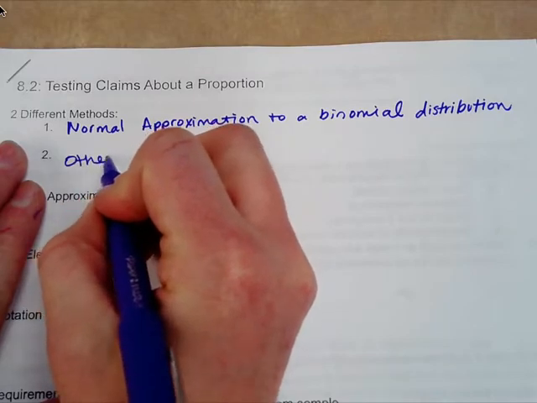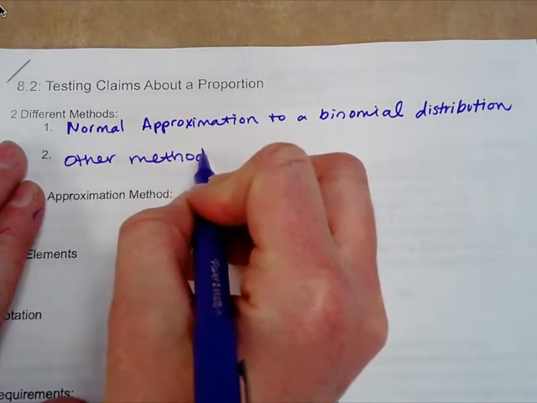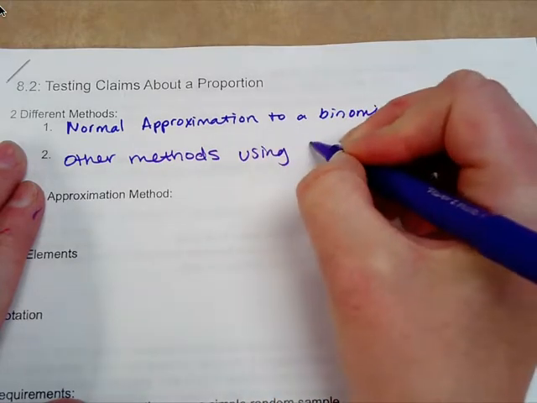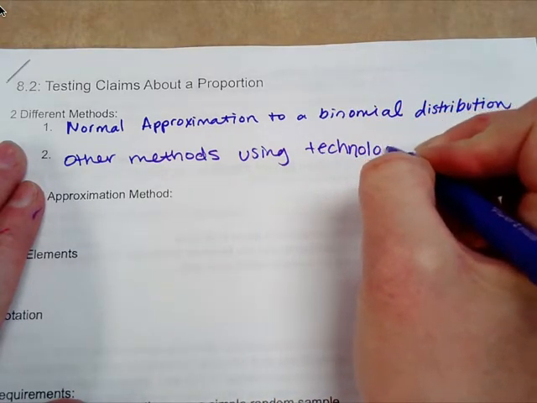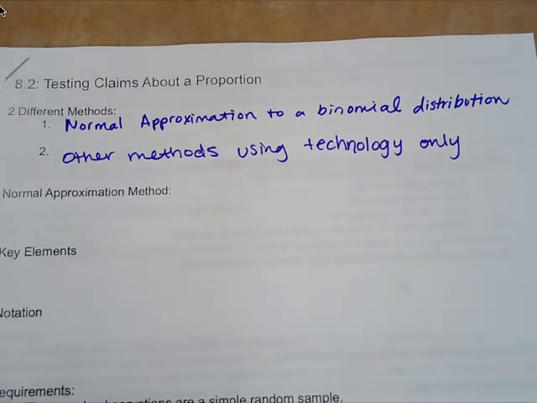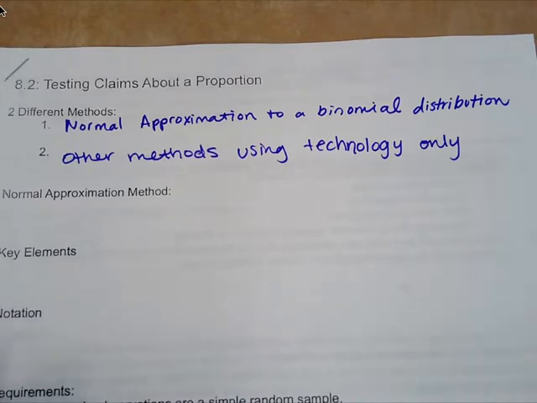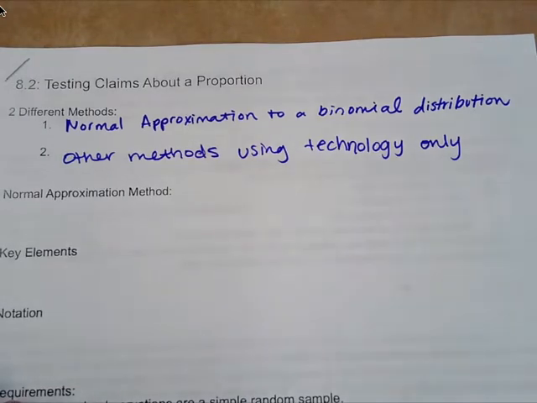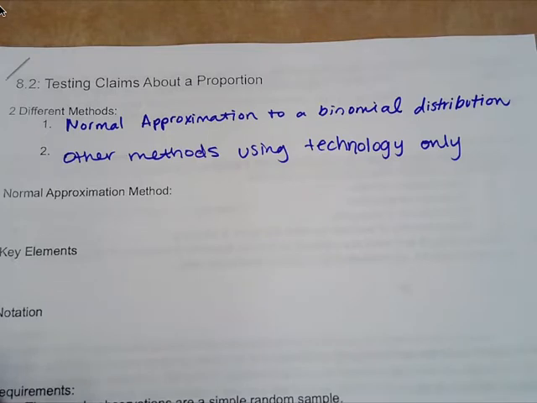The second one, there are other methods using technology only. The normal approximation method is we are going to use a normal distribution as an approximation to the binomial.